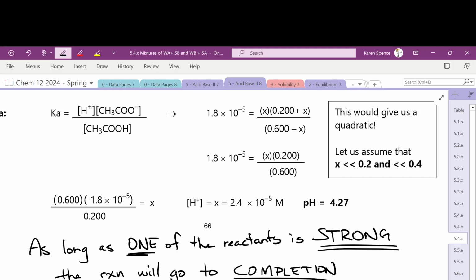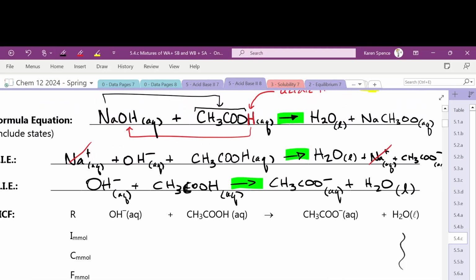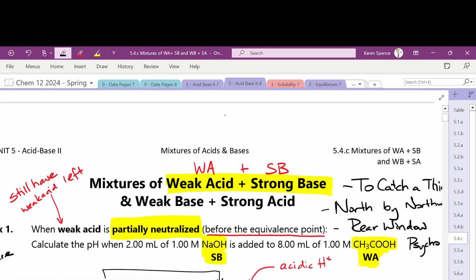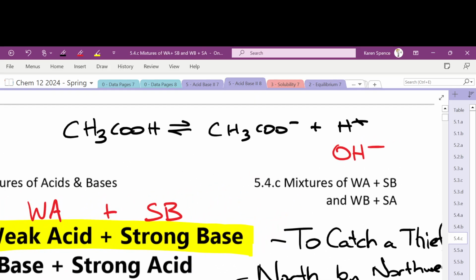If you're still a little uncertain as to why that is, we're going to take a little look at an equilibrium. Here, we can look at the CH3COOH in equilibrium with CH3COO minus plus H plus. What happens if we add OH minus to this equilibrium?